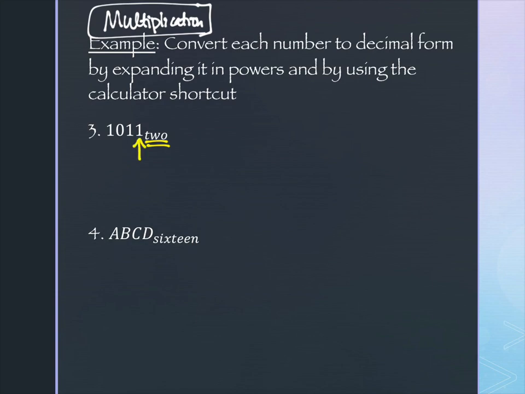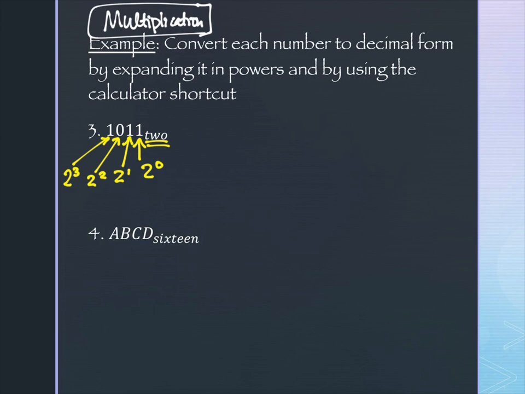So this number is in the place value of 2 to the 0. This is in the place 2 to the 1. The 0 is in the place 2 squared. And the 1 is in the place 2 cubed. Is that okay so far? We're in base 2. It's powers of 2. Just like when we were in base 10, we were doing this with powers of 10.